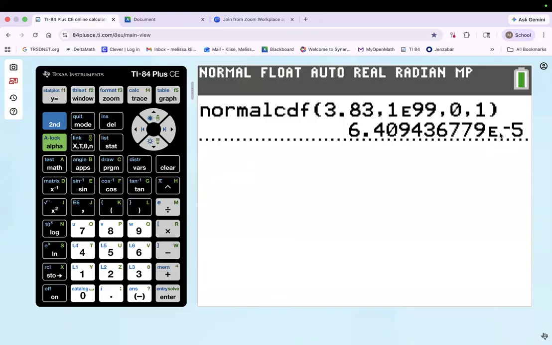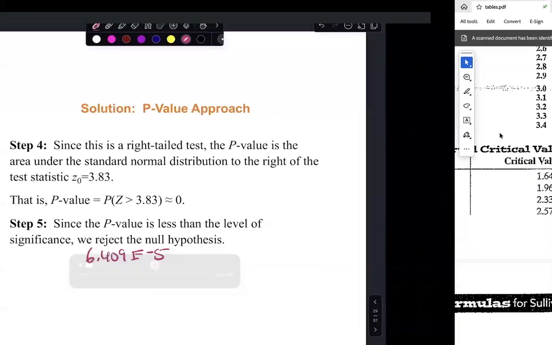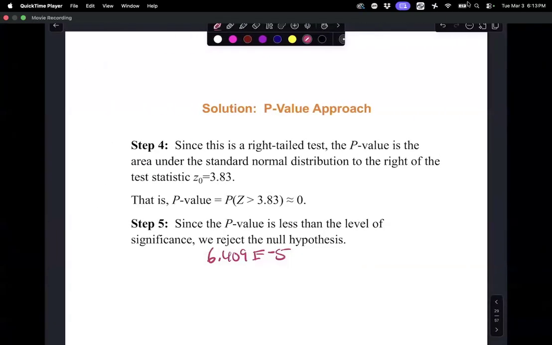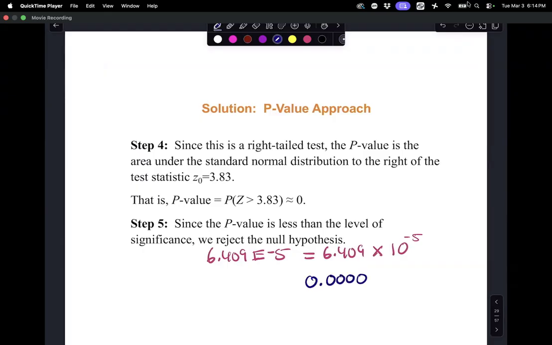Okay, I'm going to pop back over. This right here is the same thing as saying 6.409 times 10 to the negative fifth power. Essentially, in order to put this into regular numbers, move the decimal place 5 places to the left.